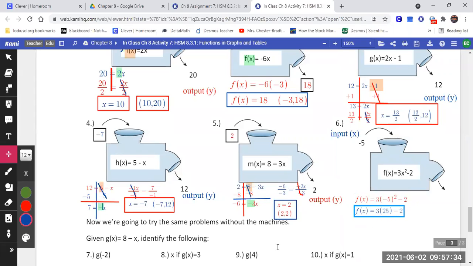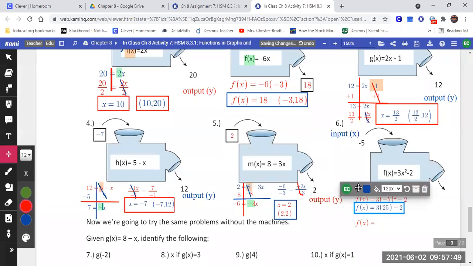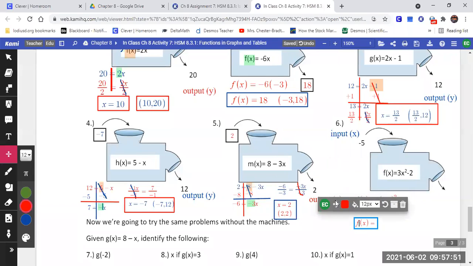Now we solve the 3 times the 25. So what are we going to get? What is 3 times 25? 75.